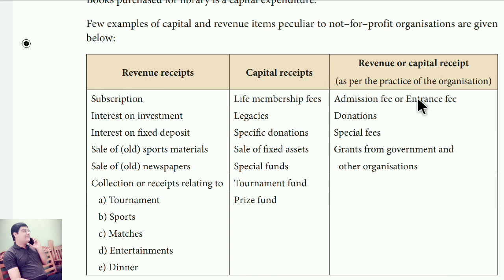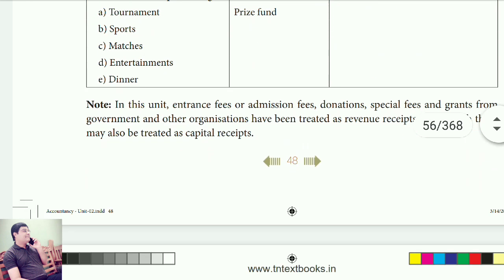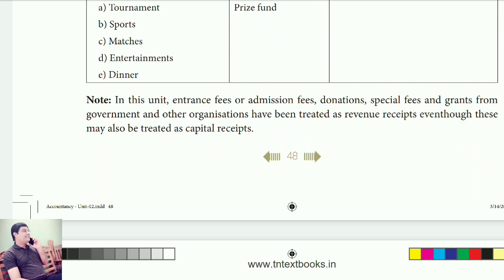Likewise, revenue or capital receipt. All these items will come under revenue or capital receipt. In this unit, entrance fees or admission fees, donation, special fees and grants from government and other organizations have been treated as revenue receipts, even though they may also be treated as capital receipts.